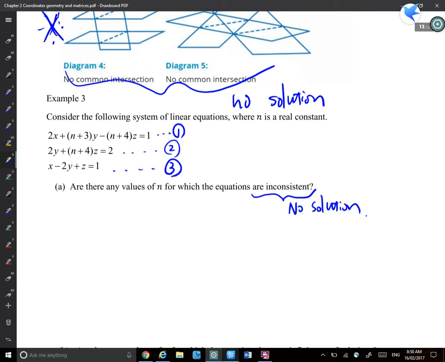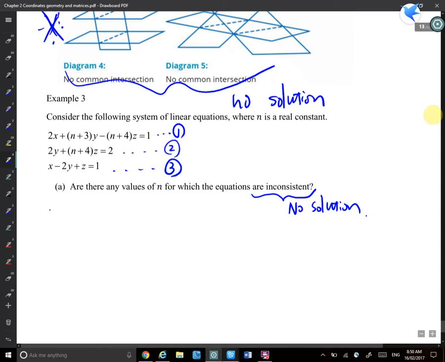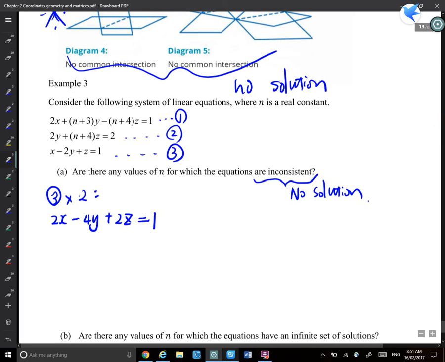So let's do something to equation number 1 and number 3 and eliminate the x. I only want to have y and z to think about first. So I will times equation number 3 by 2. What I will have is 2x minus 4y plus 2z equals 1.